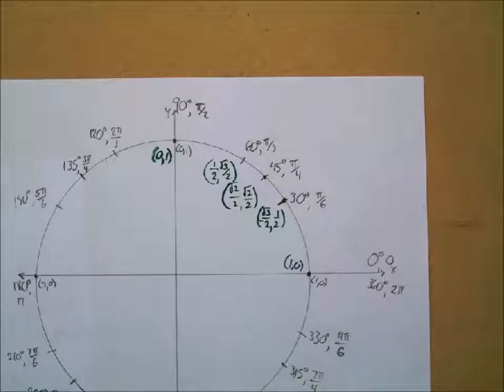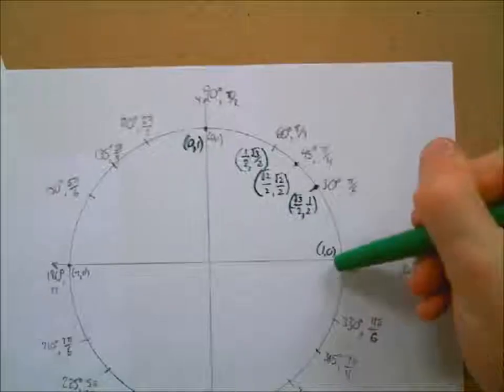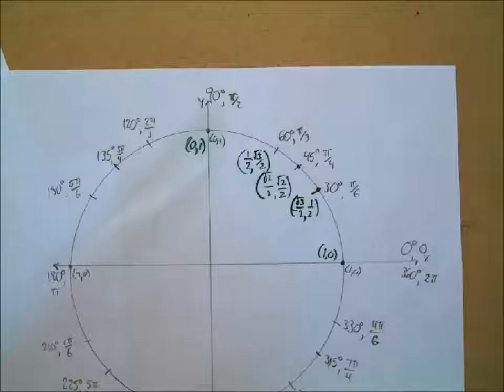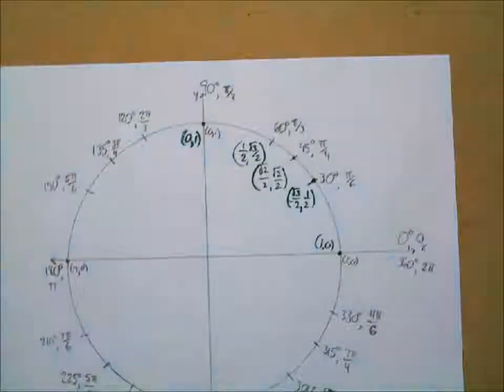Okay, now we did the first quadrant. We only have 3 more quadrants to do, but we can use transformations to help us here. What kind of transformation can I do to these coordinates to arrive at these coordinates right here? Yeah, a reflection over the y-axis.